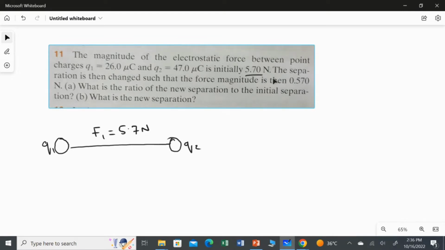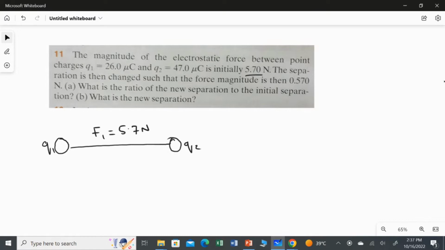Now you have to compare the value of 0.57 to the value of 5.7. Initially you have a bigger number, but after you change the distance, the force magnitude is 0.57. So how is it possible? Whether the distance is decreased or increased? When you see the force value, after you change the distance, its value decreases. Generally, the force value decreases when the distance increases.